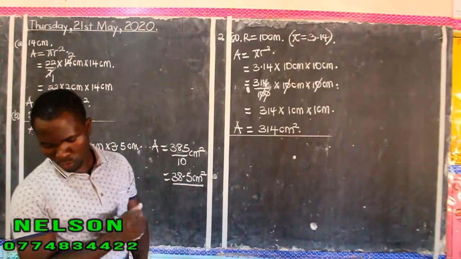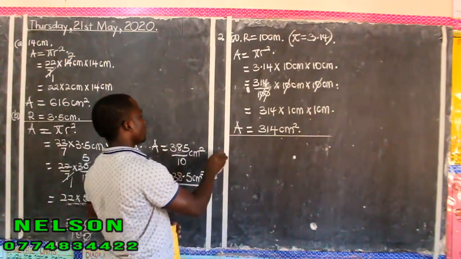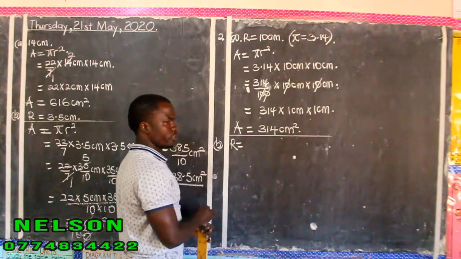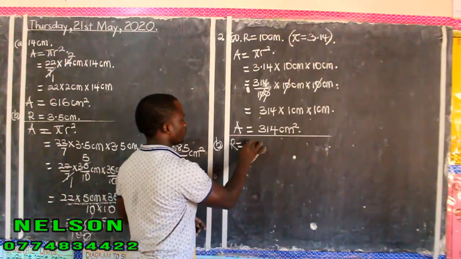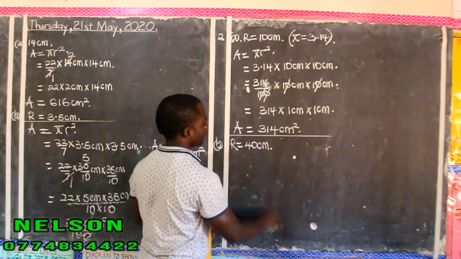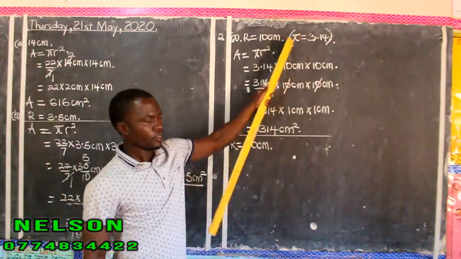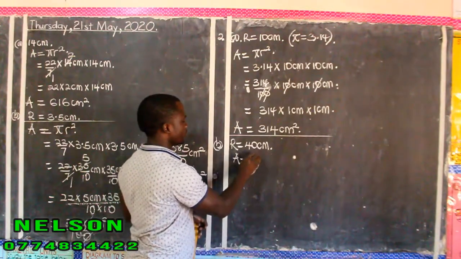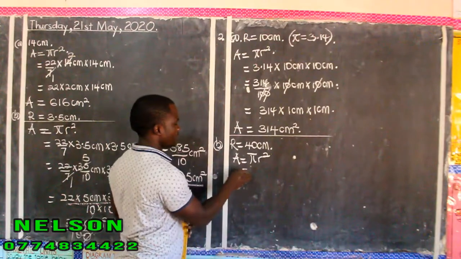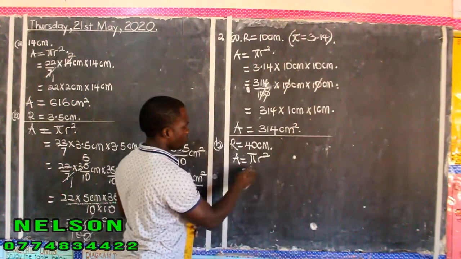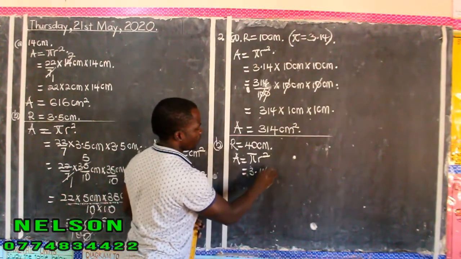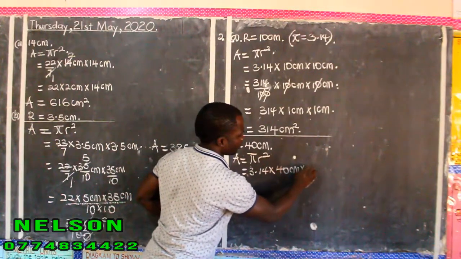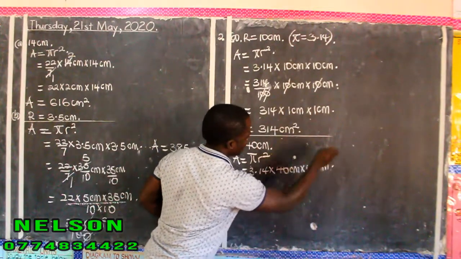Then number 2B. Number 2B, I gave you the question with a radius of 40 centimeters using this pi. So area of this circle equals pi r squared. The pi given was 3.14 times the radius of 40 centimeters times 40 centimeters.